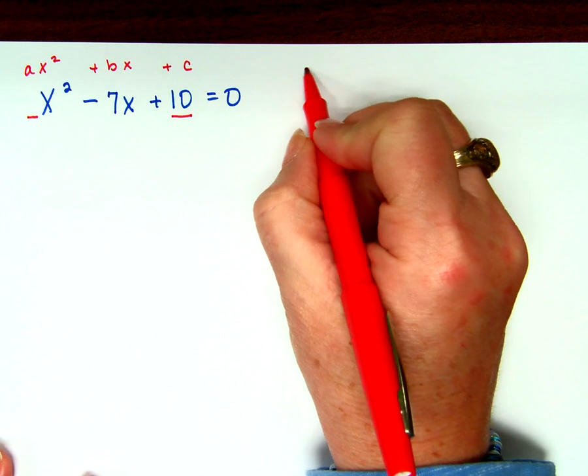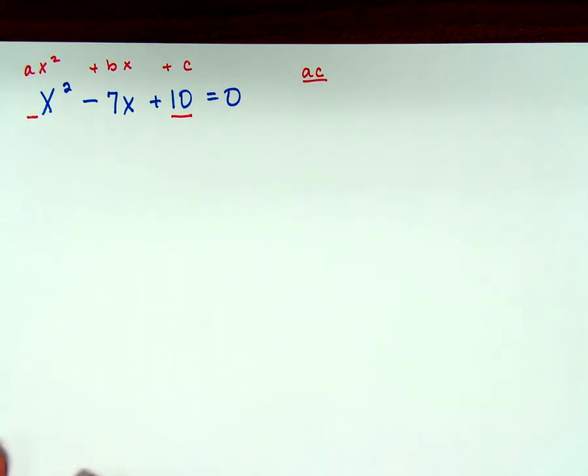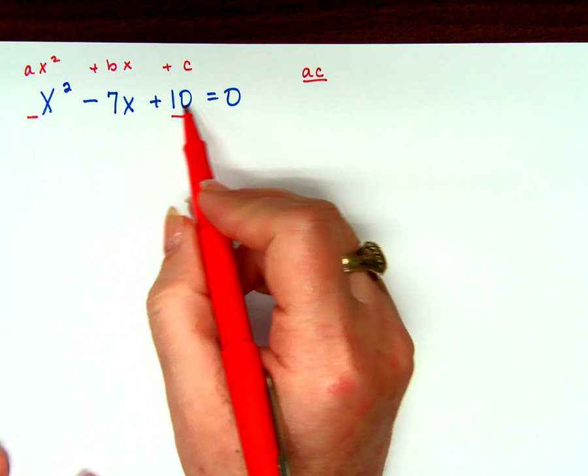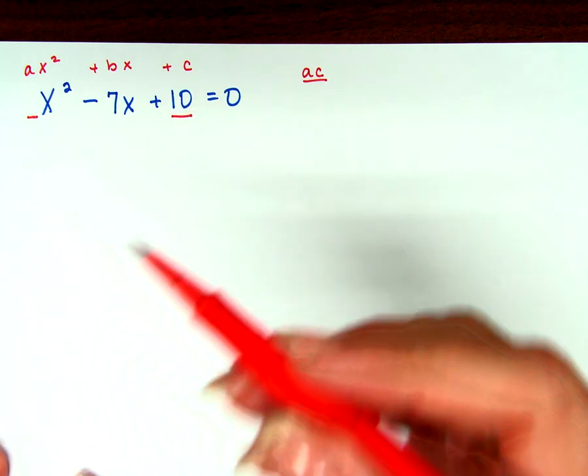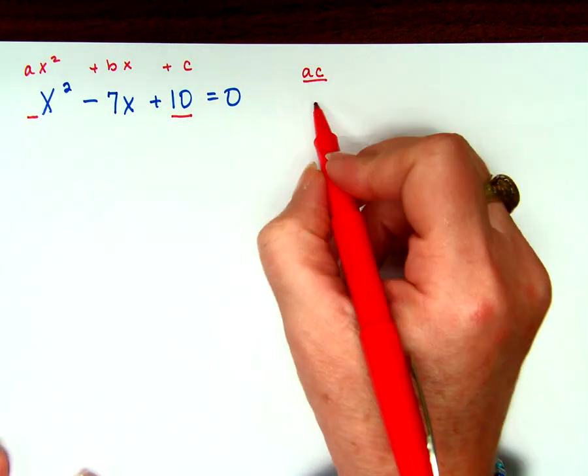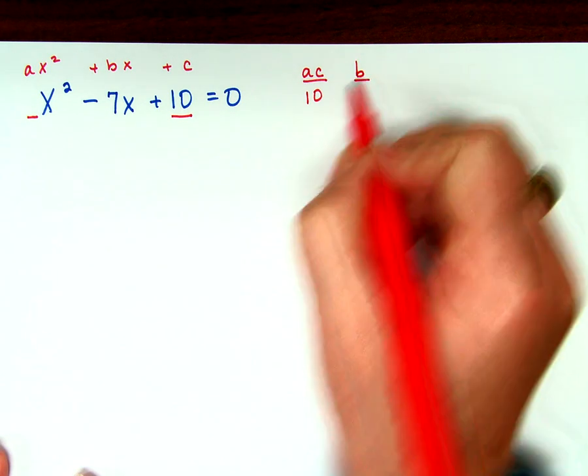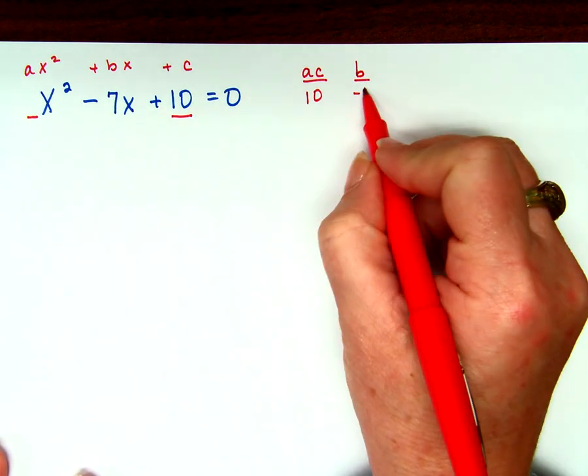In this case, A is 1 and C is 10, so A times C, 1 times 10, is 10. And B is just negative 7.